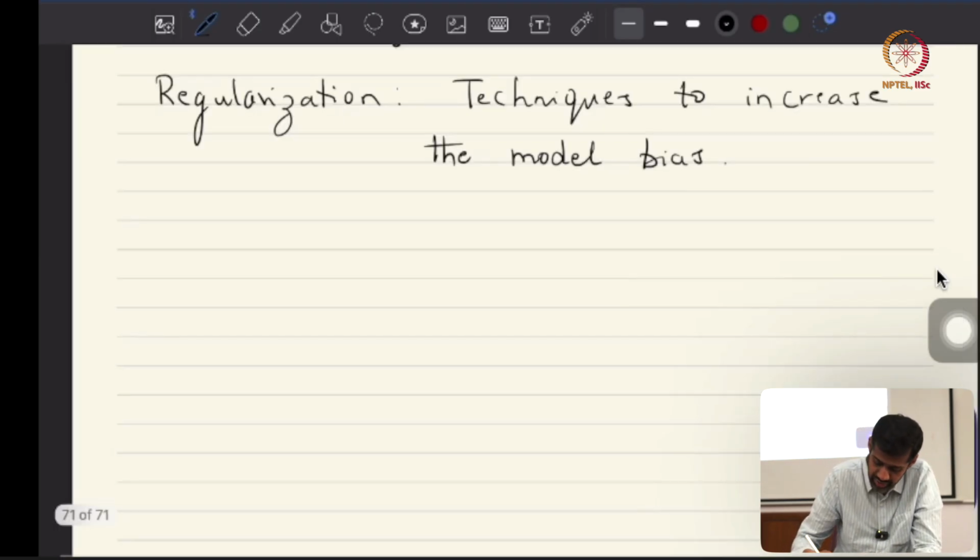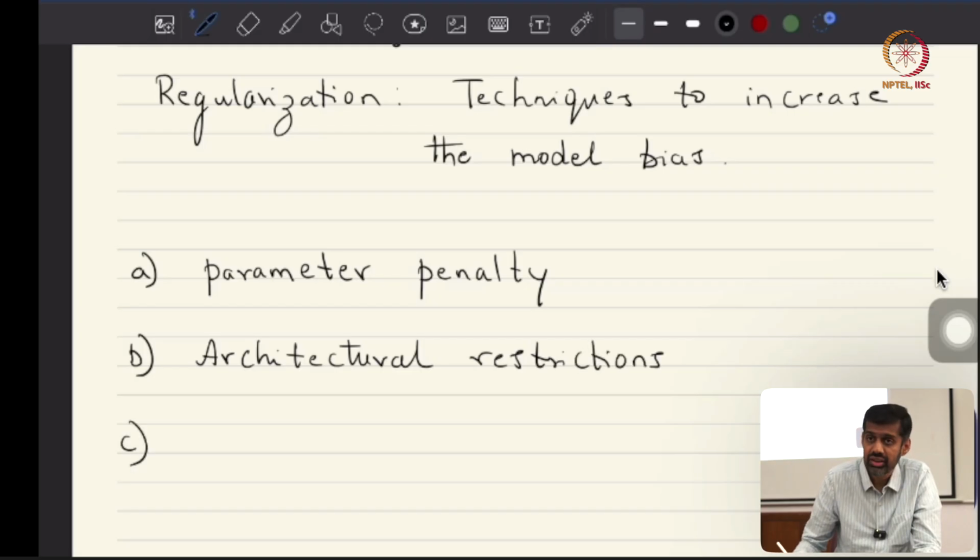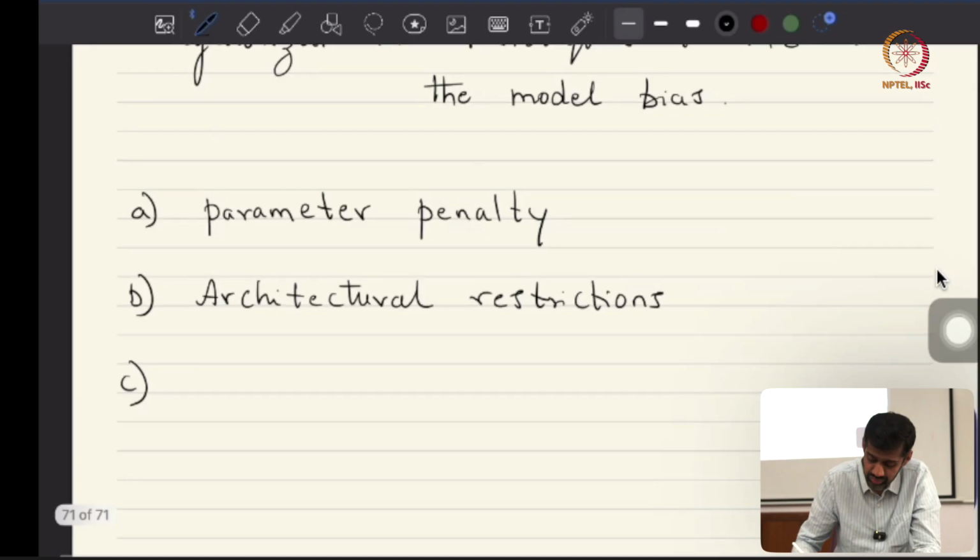So now let us look at a couple of ways to do that. So multiple ways. One is parameter penalty, you'll see that, or architectural choices or restrictions. And you can also impose bias by changing the way you optimize.